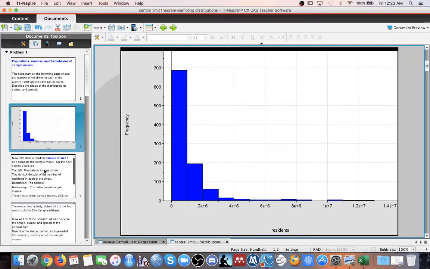All right, so let's suppose for a moment that you were tasked with trying to estimate what the 1,000 largest cities populations average was. What is the average of the world's 1,000 largest cities? The average population for the world's 1,000 largest cities in 2008. And for whatever reason, you decide you don't want to just go and find those 1,000 largest cities.